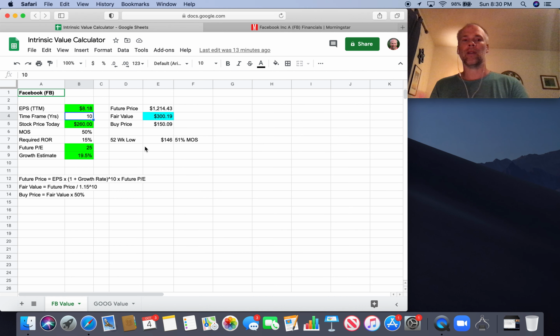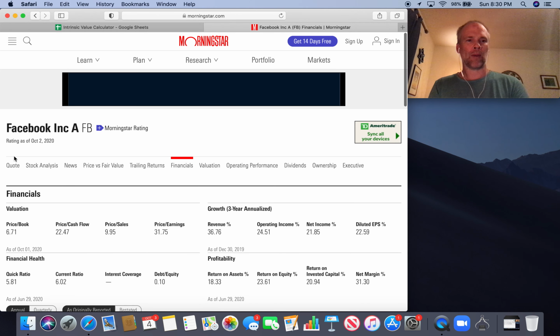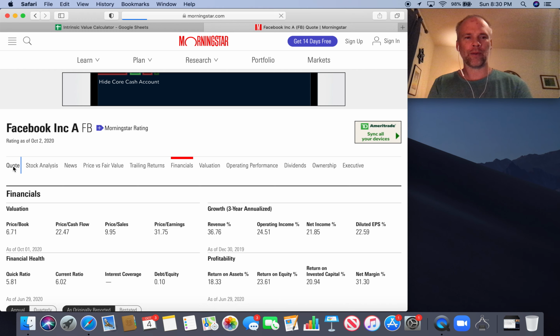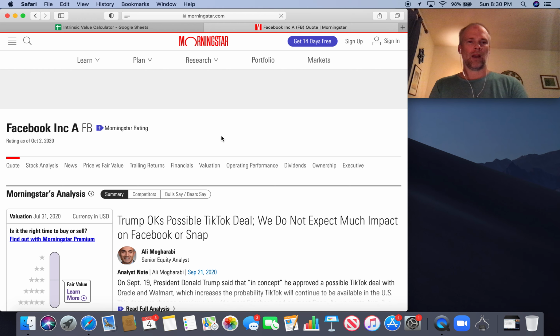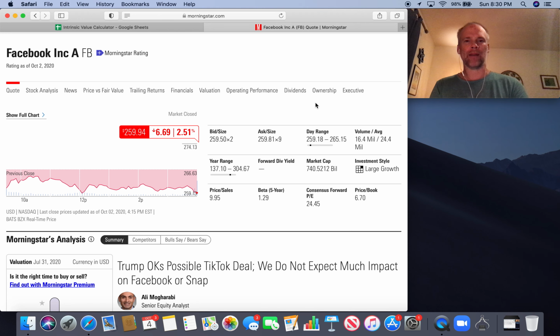10 years, that's what we're using for this spreadsheet here. The stock price today, again, you can go into Morningstar, and we're going to go to Quote, the first tab there. And once it loads, we're going to see the price of a share right here, $259.94.